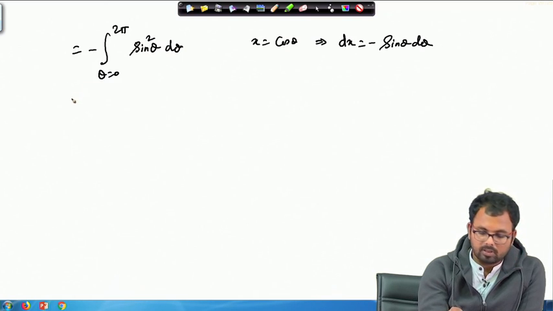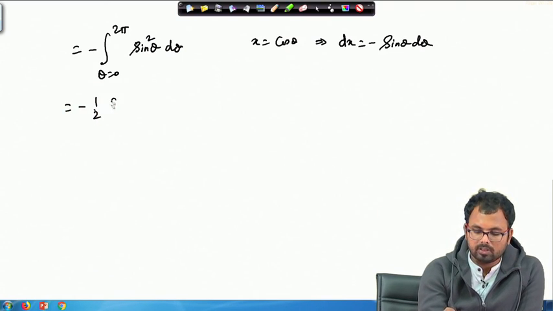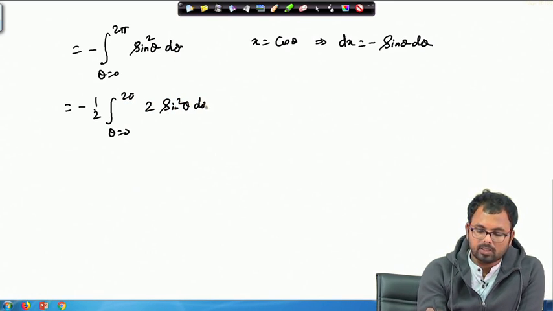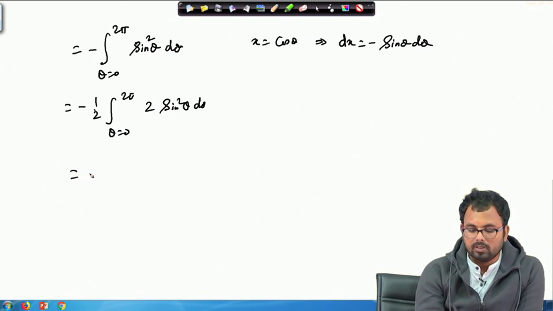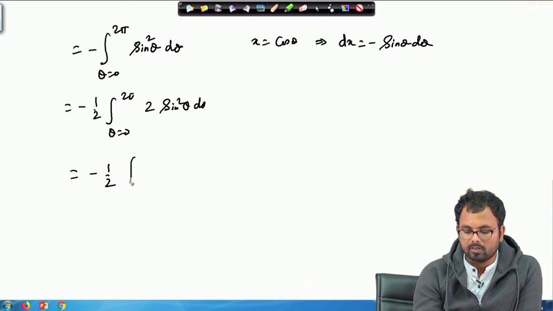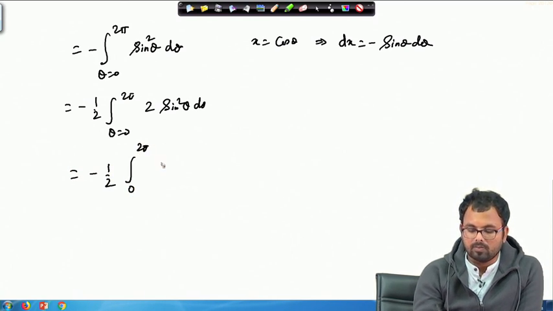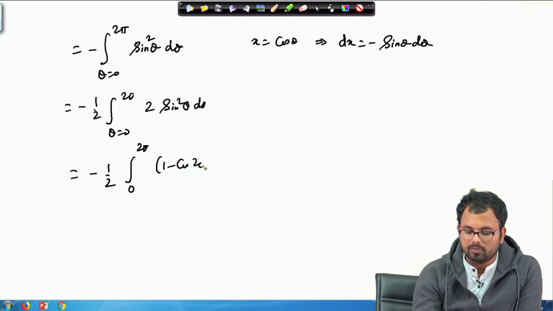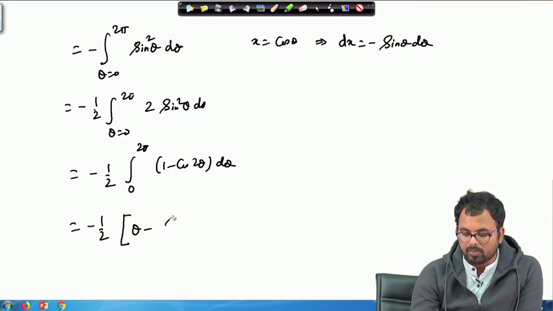I can adjust a minus half here, and then this will be theta running from 0 to 2 pi of 2 sin square theta, which can be written as 1 minus cos 2 theta. If we integrate d theta, this will be minus half of theta minus sin 2 theta by 2, integral from 0 to 2 pi.